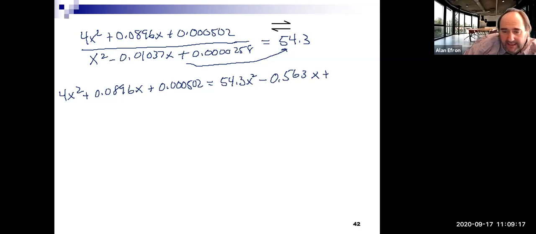That's going to give me 0.00140. At this point, we're going to bring everybody hopefully to one side.